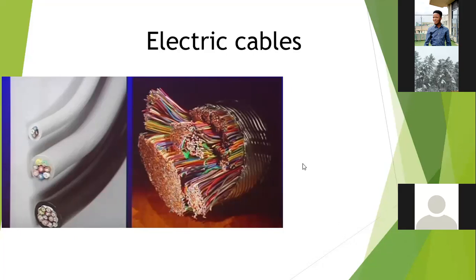In an electric cable, usually we have a copper wire or a conducting wire right in the middle, and this wire is usually insulated so that whatever electric conduction is happening here is not going to the neighboring areas. So you are going to find it has a plastic non-conducting insulation layer on it.